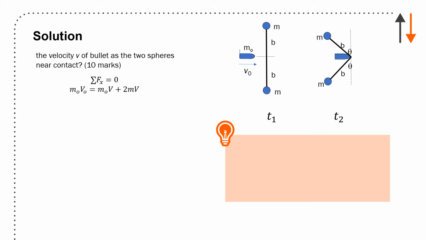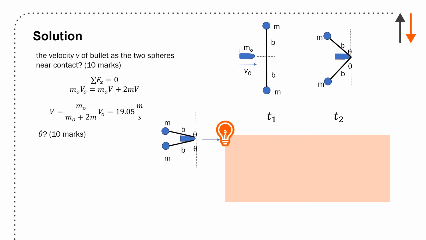So the velocity of the bullet starts at v0, and at the second time, it's going to move to velocity v. And velocity v is the condition at the second point. I can calculate v, and that's just momentum balance: m0 v0 equals m0 v plus twice mv, and v is the only unknown, and I get 19.05 meters per second.